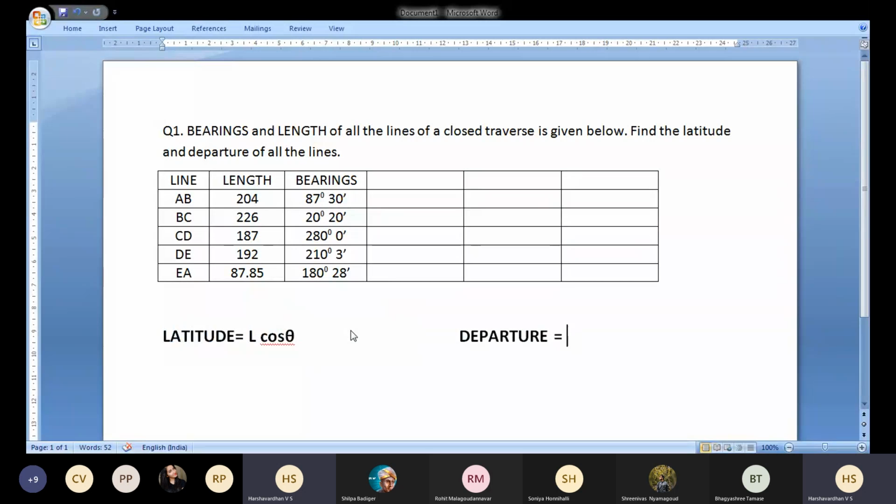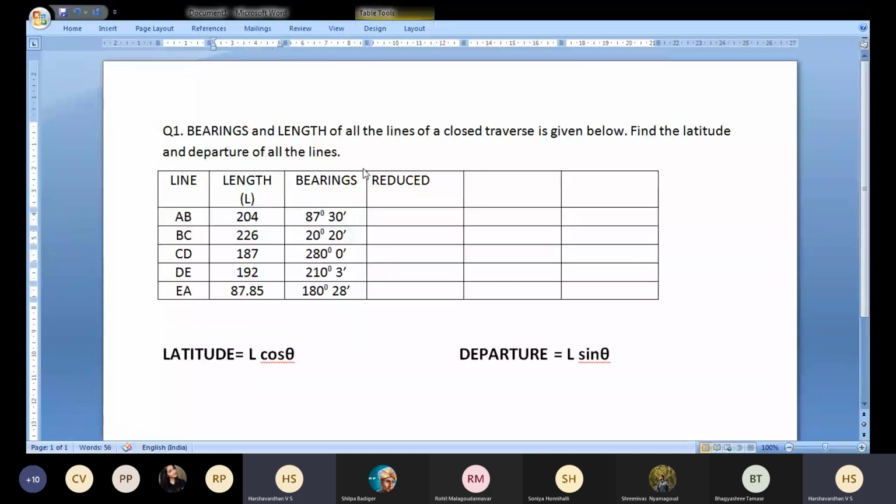Latitude is given by L into cos theta and departure is given by L into sin theta, where theta is reduced bearing or quadrant bearing. So we have to find reduced bearing. Length is already given, and all the lengths are in meters.